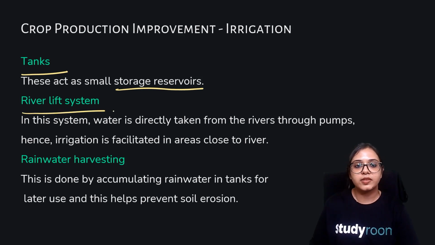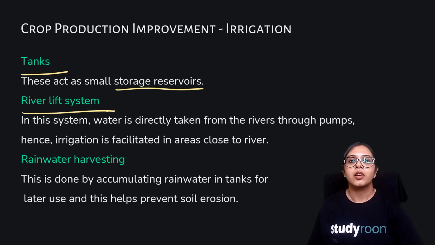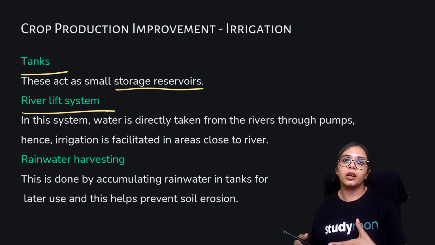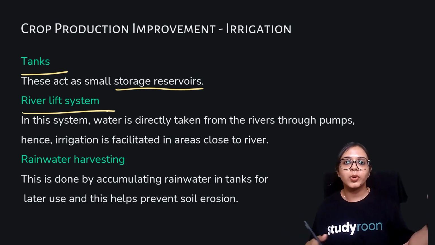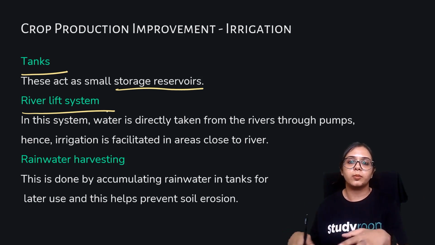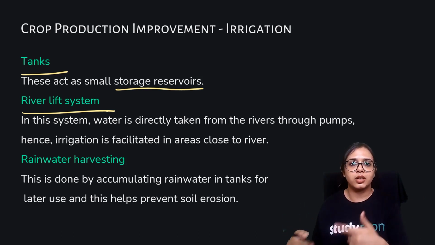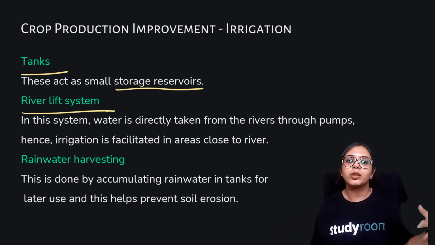Then there is a river lift system. In this case, a channel is dug that is connected directly from the river to the farmland. So you're not getting water through a networked source of canals, but rather you're directly using the river water and directing it towards your farm.